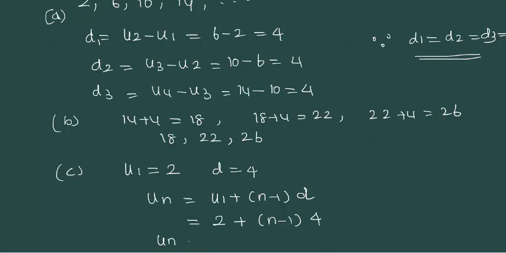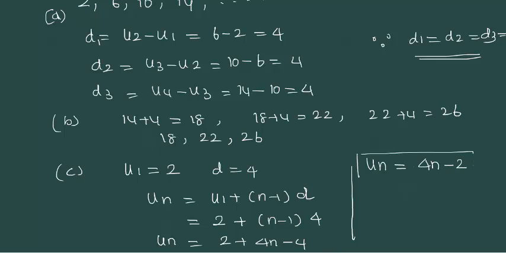So un is 2 plus 4n minus 4. On simplifying you get un is 4n minus 2, which is the nth term formula of the sequence.